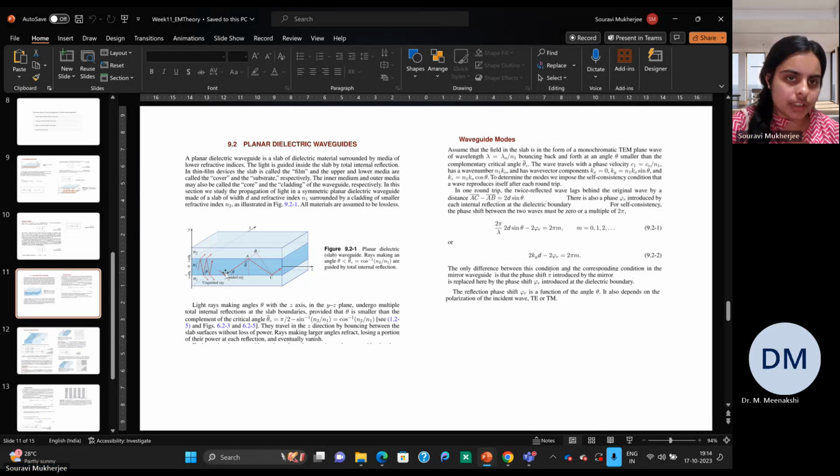Only then your total internal reflection can happen, right? Because you remember rays always move away from the normal in the rarer medium. So if you want your light or your signal to be concentrated inside this region, in that case, your cladding or your N2 should be always smaller or lower than N1. So that is one thing.